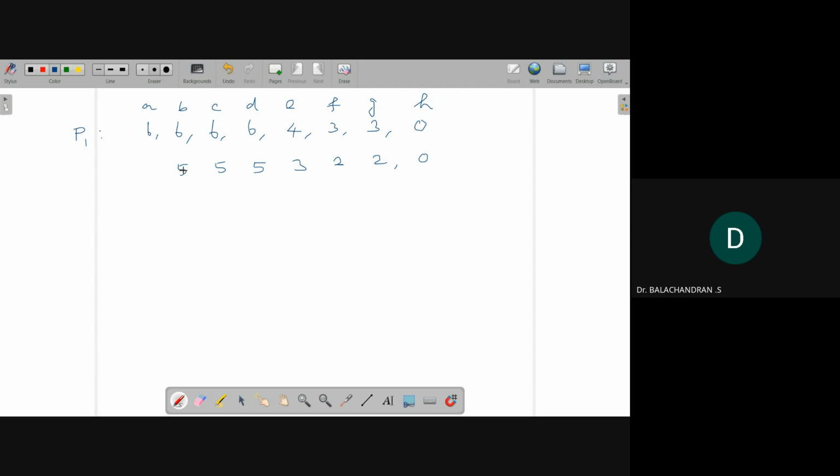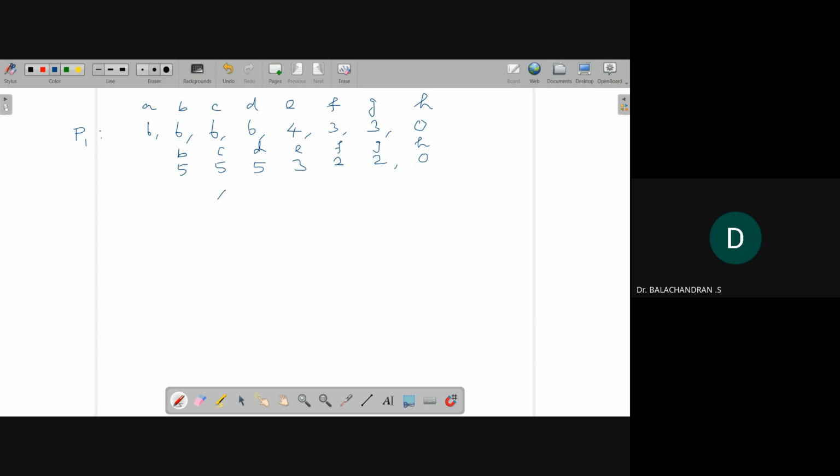Now check whether this is in ascending or descending order. Yes, this is in descending order. I'll label these B, C, D, E, F, G, H. Again, I'll take this 5 and do the same thing, subtracting 1 from the next 5 numbers: 1, 2, 3, 4, 5.